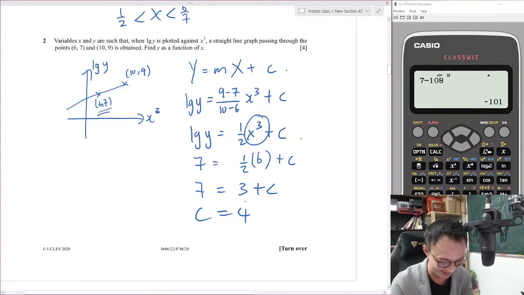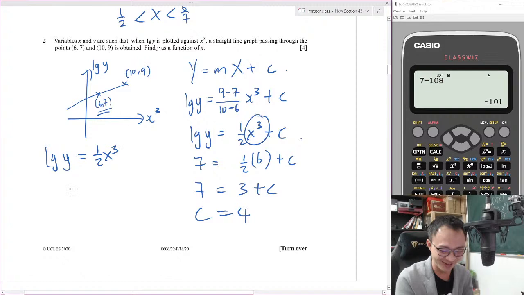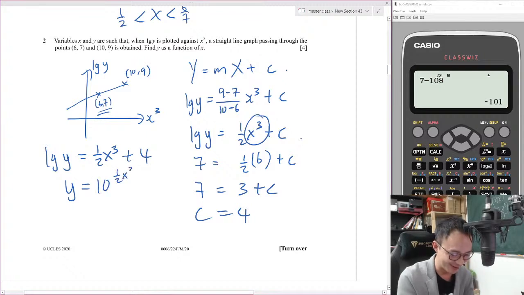Alright, so this one is log y equals half x cubed plus 4. So y equals 10 power of half x cubed plus 4. Because when you sub the coordinate in here, the 6 itself is the x cubed, and the 7 itself is log y.